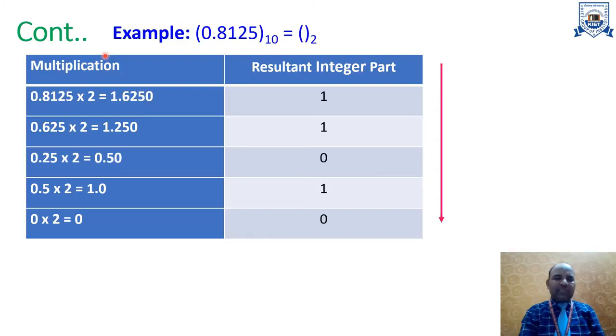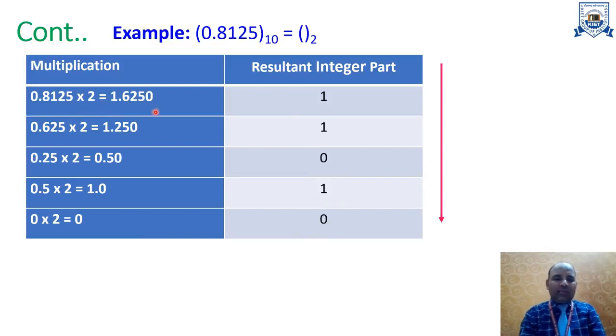Here, rather than using the division operation, we will use the multiplication operation. In this example, we take the given number 0.8125 and multiply it by 2, rather than dividing by 2 as we did in the last example.